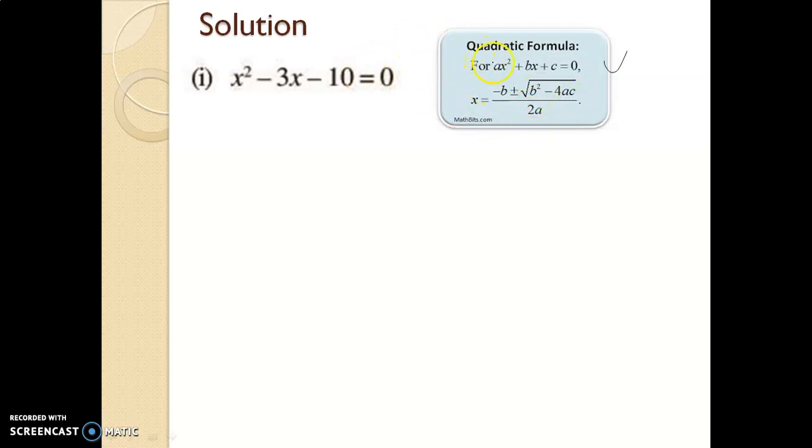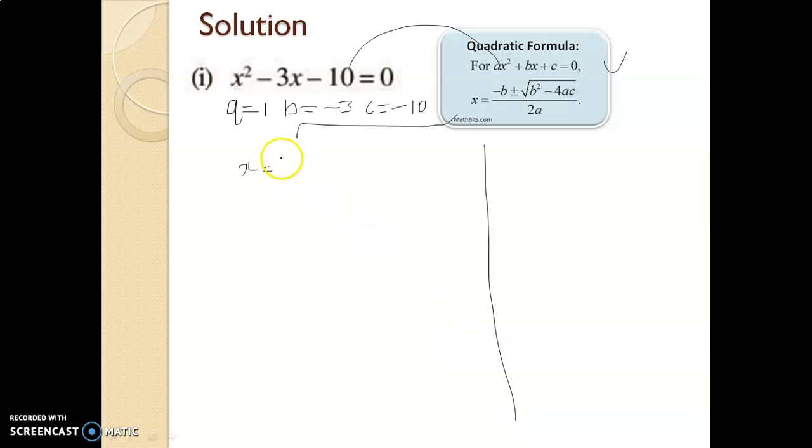So when we compare the equation with this one, what is a? First write a is nothing but 1, the coefficient of x square. And what is b? b is nothing but minus 3. If minus is there, you can write it with the minus symbol. And c is nothing but minus 10. Okay, now substitute in the formula. So x equal to, instead of b, minus, and instead of b, minus 3.